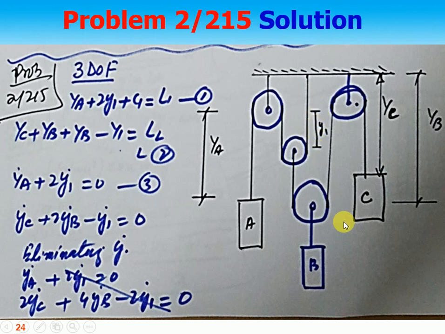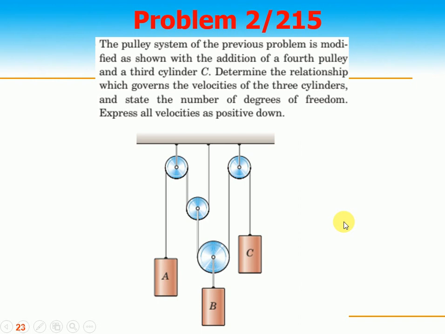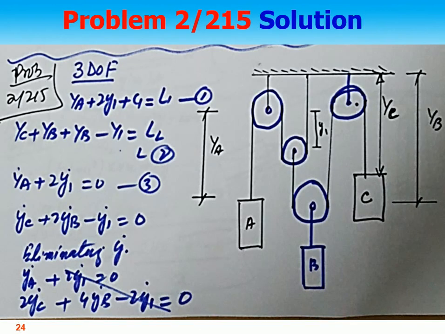So we put another pulley, sorry. This is like this. This is 1 and 2. So it is three bodies, so there is a 3 degree of freedom, right? So this is YA plus 2Y1 plus some constant is equal to L1. Clear?